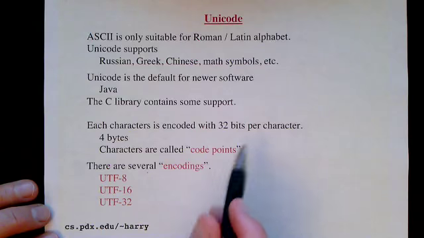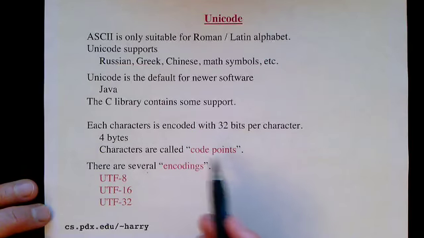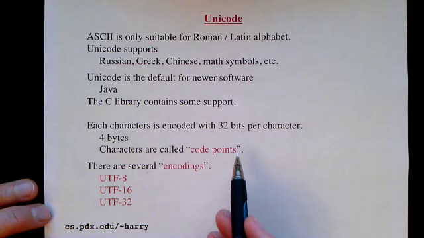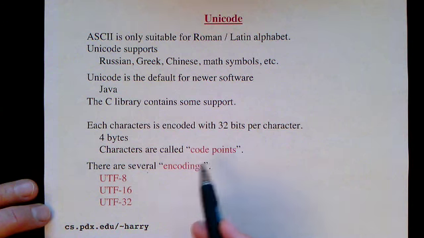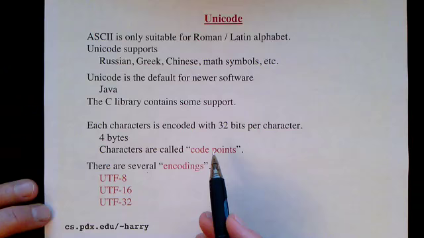We're going to talk about how we encode Unicode strings in a second, but it's important to remember that we have something called the code point, which is the character and the number that it corresponds to. So each character is given a number. And then we have to actually encode those characters into a file.